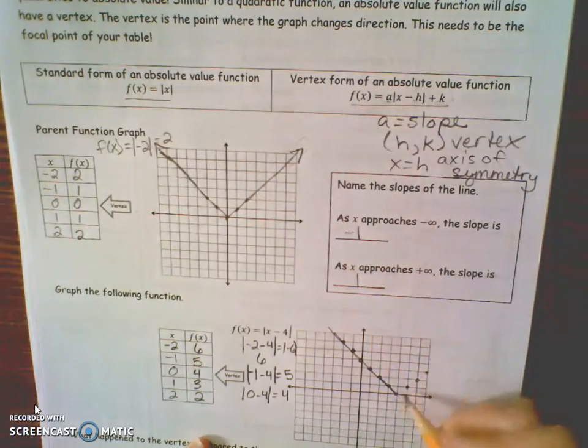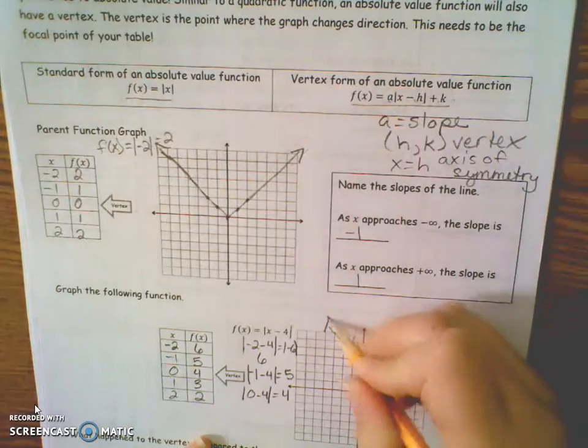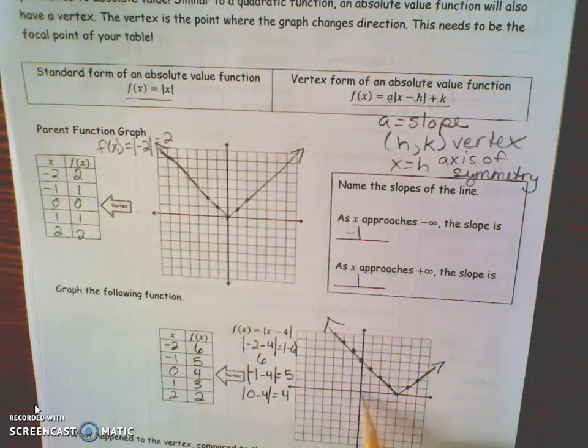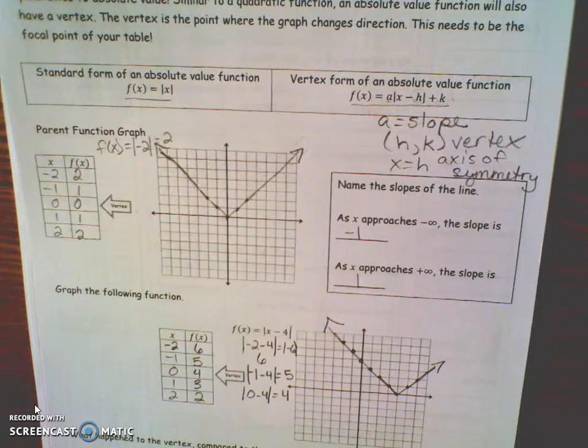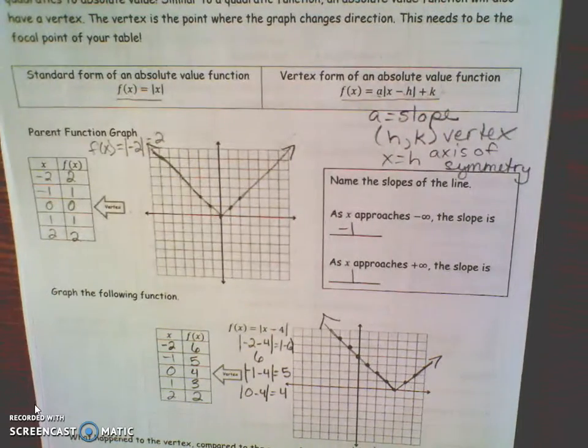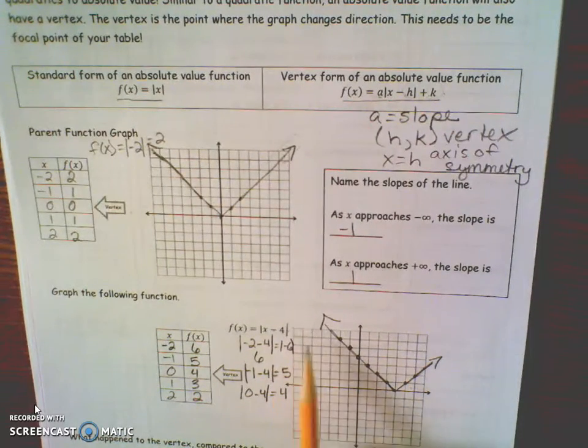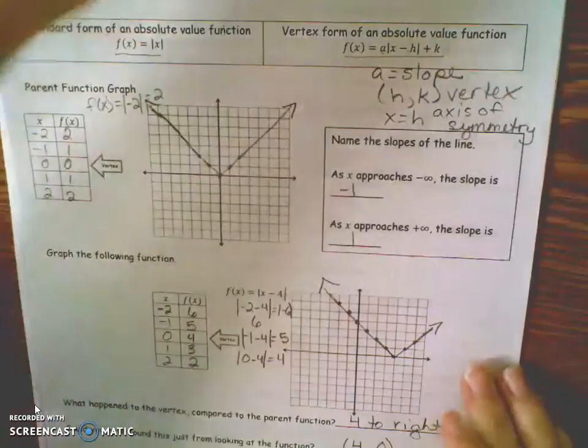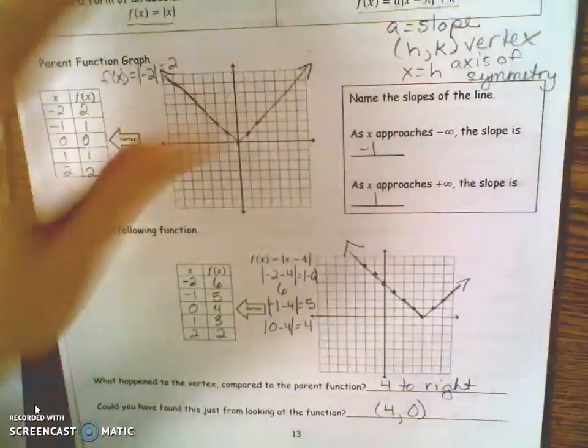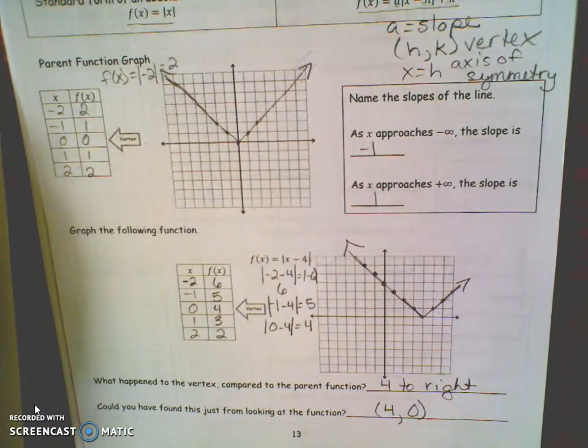So this time, what happened to our vertex? It went 4 to the right. And yes, we could have found that looking in the function because our h is 4, so that means our vertex would be (4, 0), because there's nothing added or subtracted there. So 4 to the right, and (4, 0).